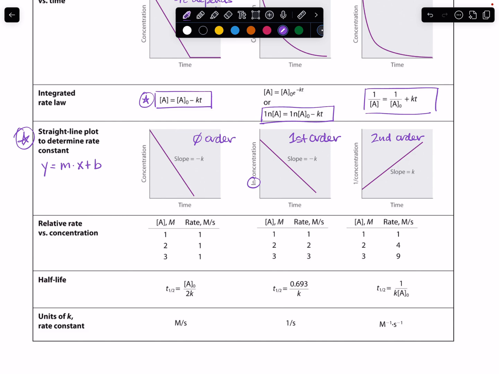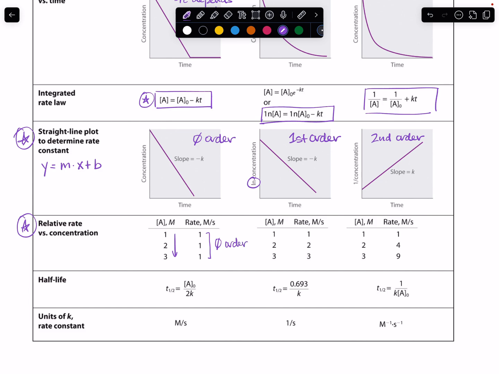All right. So if we think about it, here is some data. If we increase the concentration of M, there is no increase in the rate. So this has to be zero order.